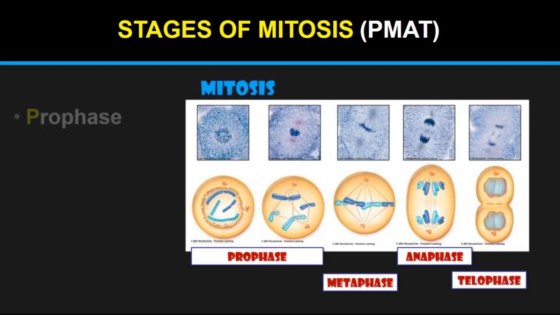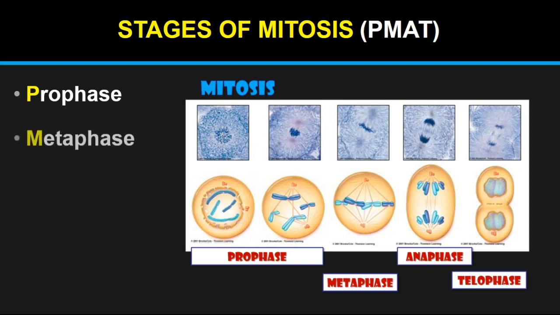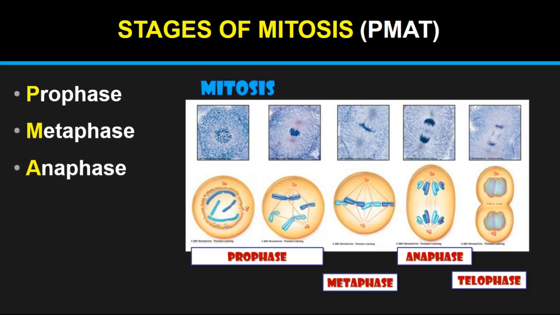And the first phase is prophase, followed by metaphase, anaphase, and telophase. So PMAT. And you can see in the pictures of these different phases, which we're going to talk about individually.